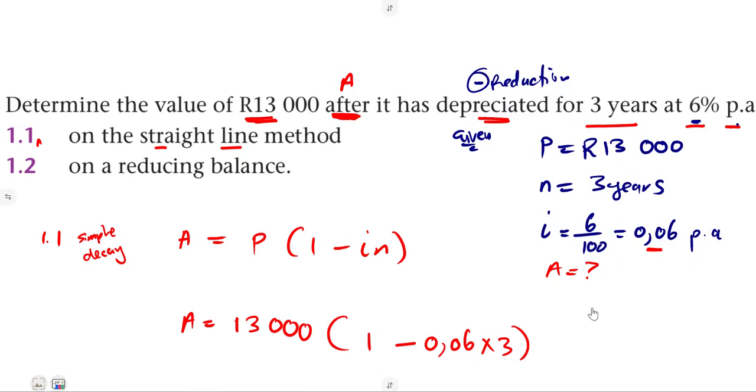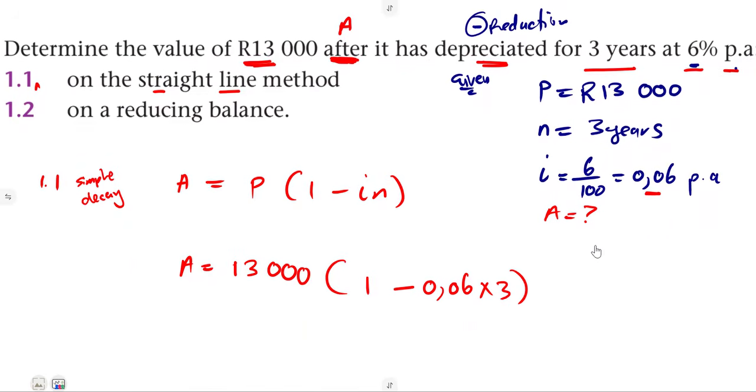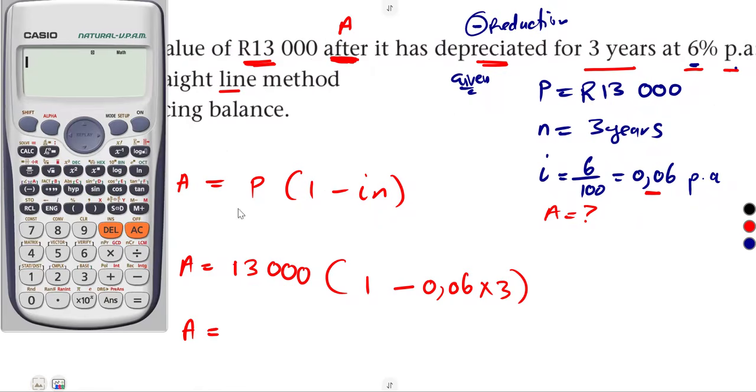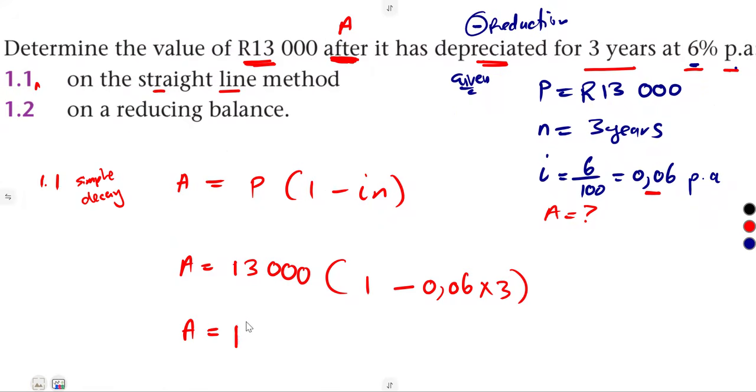This is you guys and your calculator. You can just use your calculator to simplify this value. So that's 13,000, then open a bracket, 1 minus 0.06 times 3. That gives us 10,660 rand. This is the amount, 10,660. Just like that.